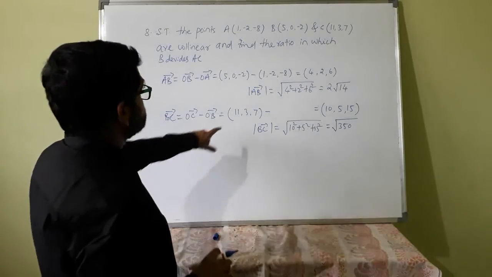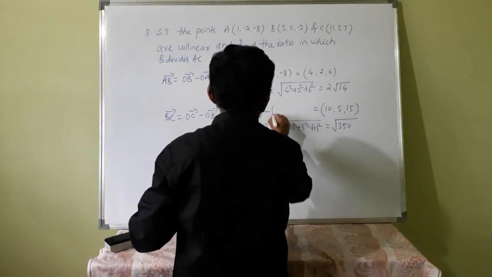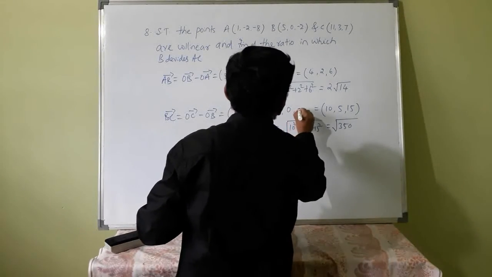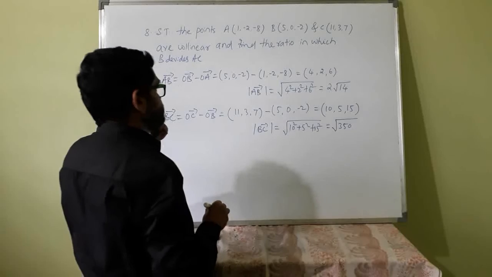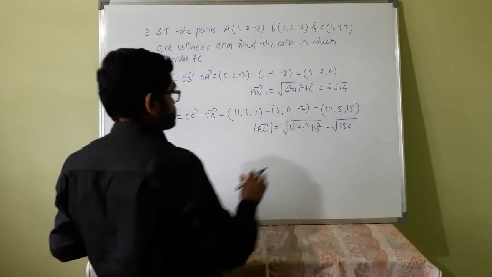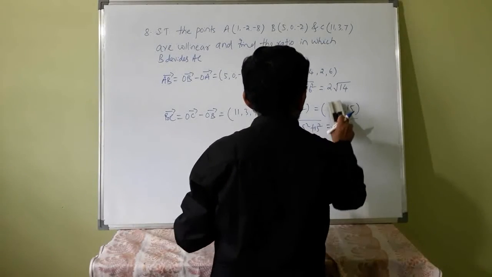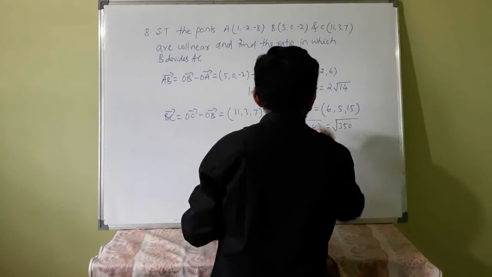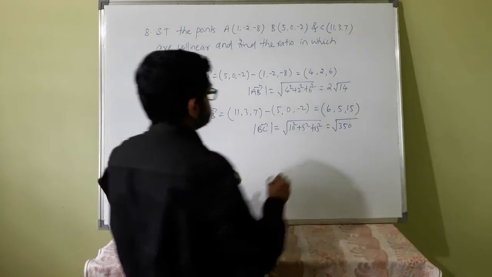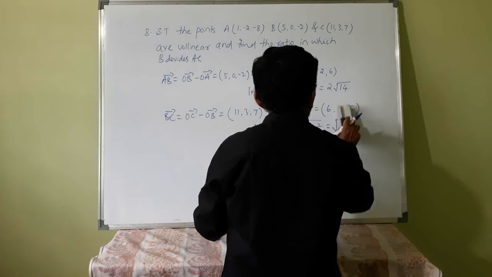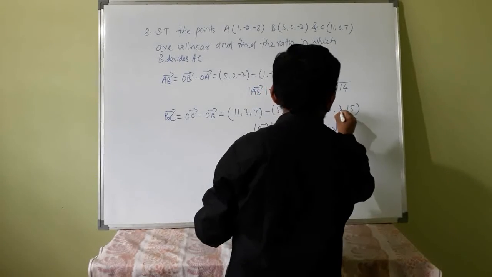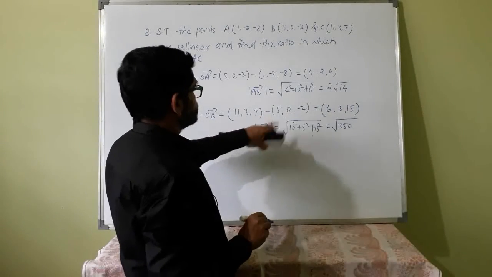C is okay. B is 5, 0 and minus 2. 11 minus 5 is 6. 3 minus 0 is 3. And 7 plus 2 is 9.